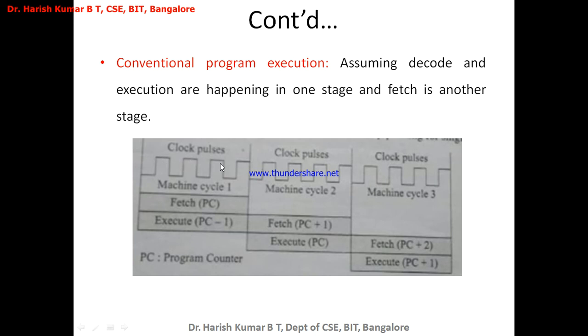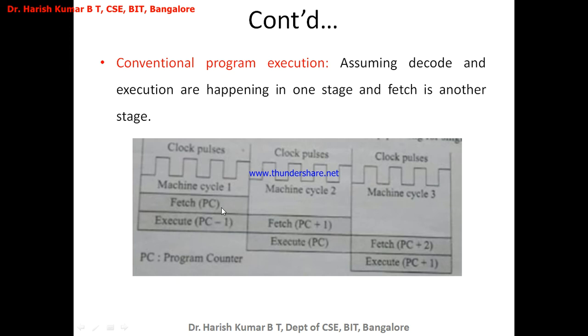We are assuming 4 pulses make one machine cycle. In the first machine cycle, the instruction which is present at address PC is fetched, and the instruction which is present at PC minus 1 is getting executed. Two things are happening simultaneously. What's happening in the second machine cycle?